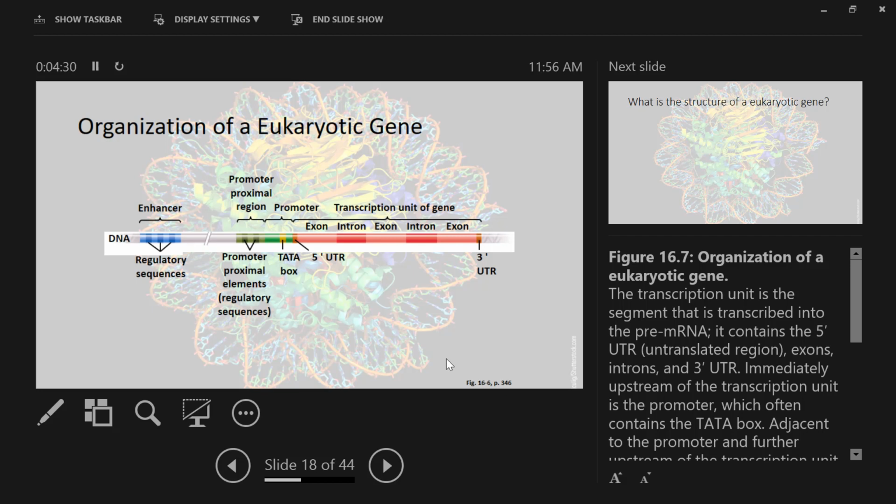Anything else in this that is not in prokaryotic genes? We've got the enhancer. What else? Yeah, the promoter is a little bit different. You've got the TATA box in eukaryotic genes, and the entire promoter region is significantly larger.